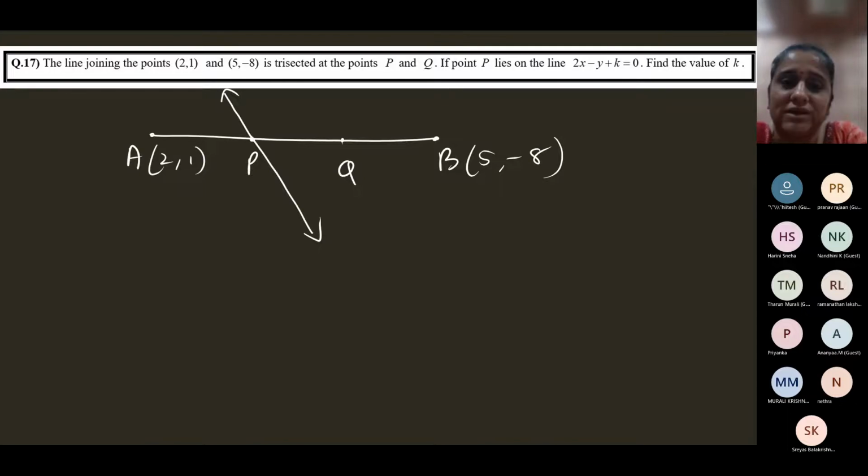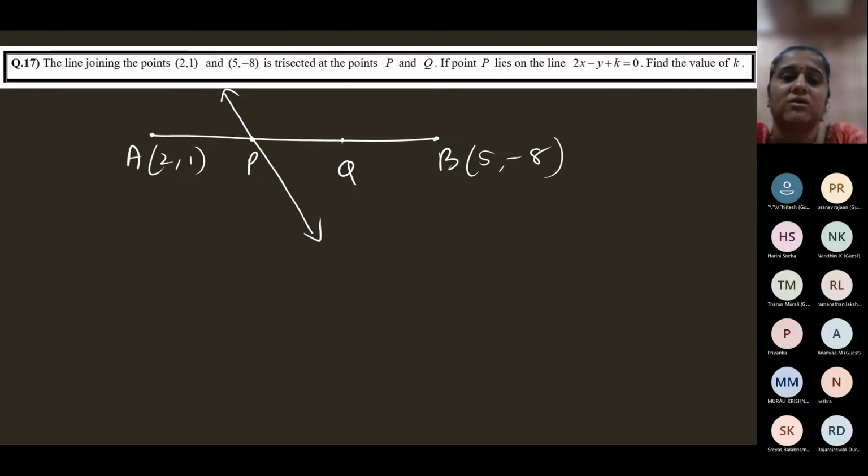Clearly, the coordinates of P will satisfy the equation 2x minus y plus k is equal to 0. P lies on AB, and P also lies on 2x minus y plus k is equal to 0. We can find the coordinates of P using the section formula with the ratio 1:2 and the endpoints A and B, 2, 1 and 5, -8.